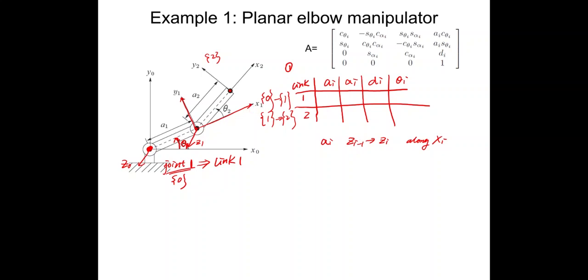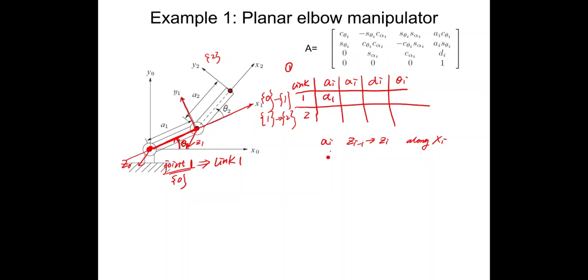Here we have our X1 axis. The distance between these 2 axes is a_i, along the X_i axis, the distance between Z0 and Z1. So that is A1.